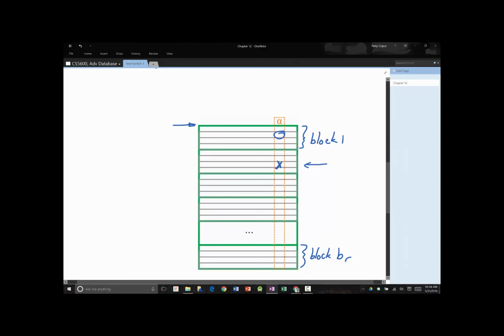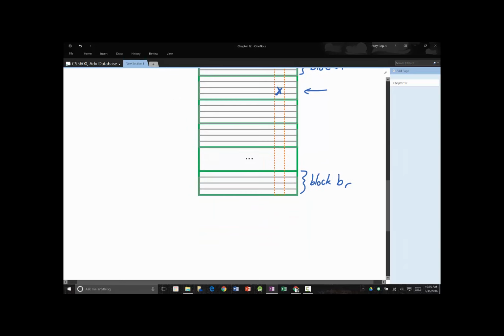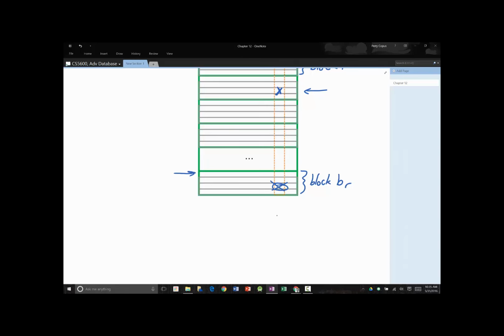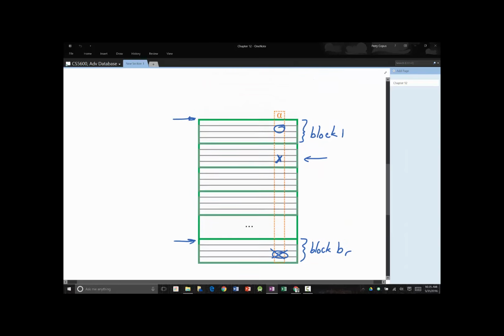On the other hand, we could end up having to scan every block until we get all the way down here to block B sub r, and we look in there and maybe we find it there. Or maybe we don't find it there. Maybe it doesn't exist in block B sub r, so only when we get to the end do we know that it doesn't exist in the table. But let's take the simple case where it exists in the table.